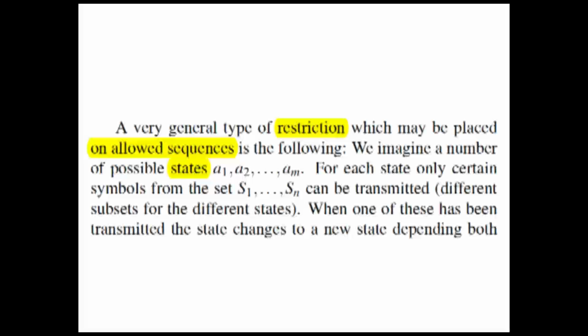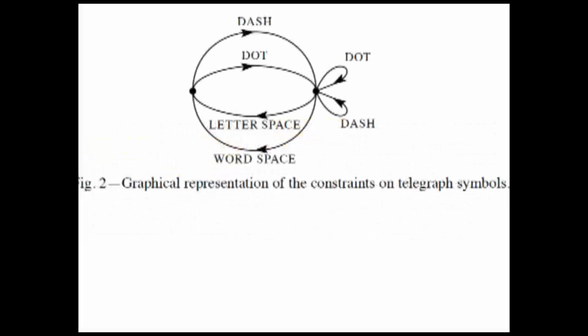In telegraphy, you may have a diagram like this, where after a dot you can have a dash, after a dash you can have a dot. But after a word space, you cannot have another word space. Then you would have to have a dot or a dash. Okay?